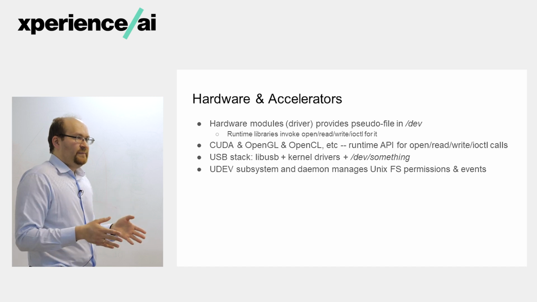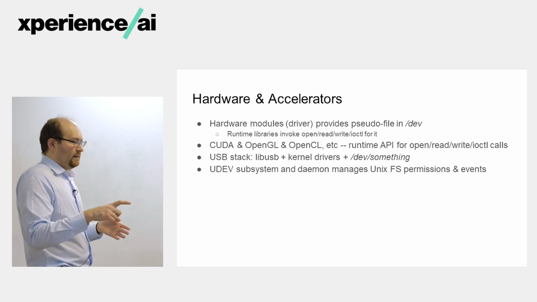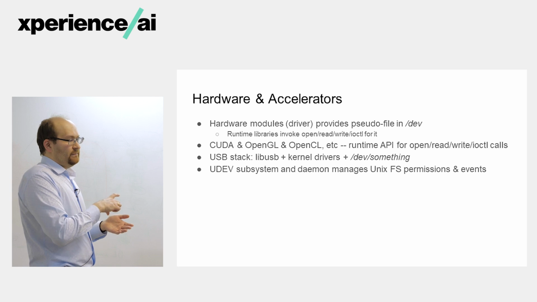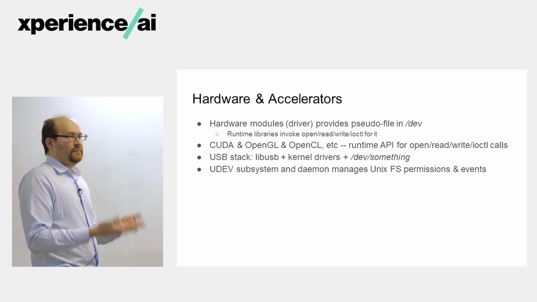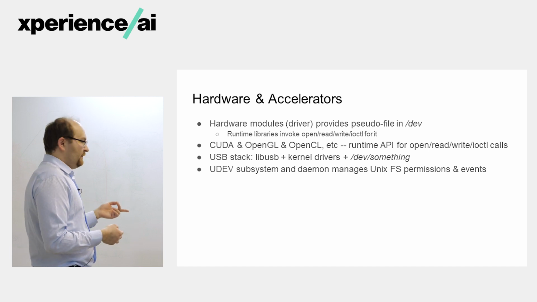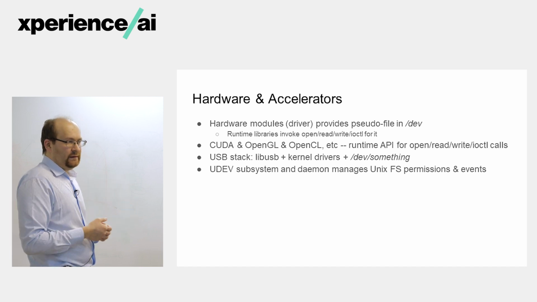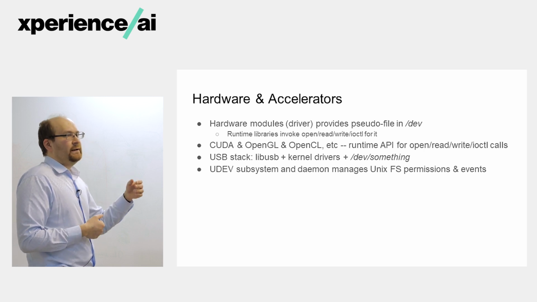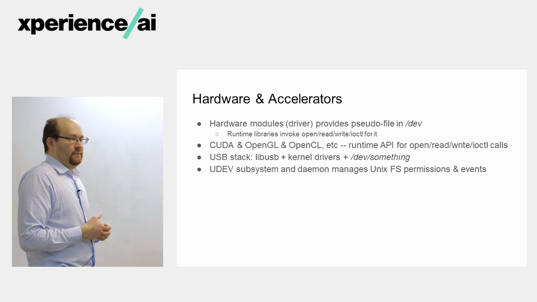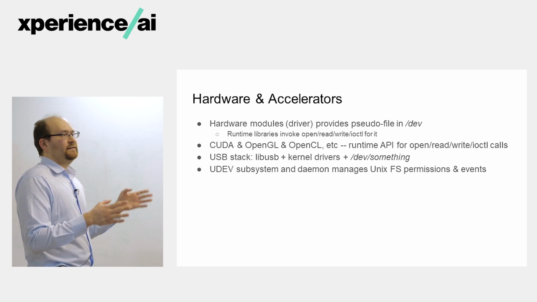The same is actually true for the USB stack. The kernel provides basic-level support for USB, and for each device that you connect to your PC, you have a dev entry in the file system. And you have the libUSB library on top of it for, let's say, non-standard USB devices.